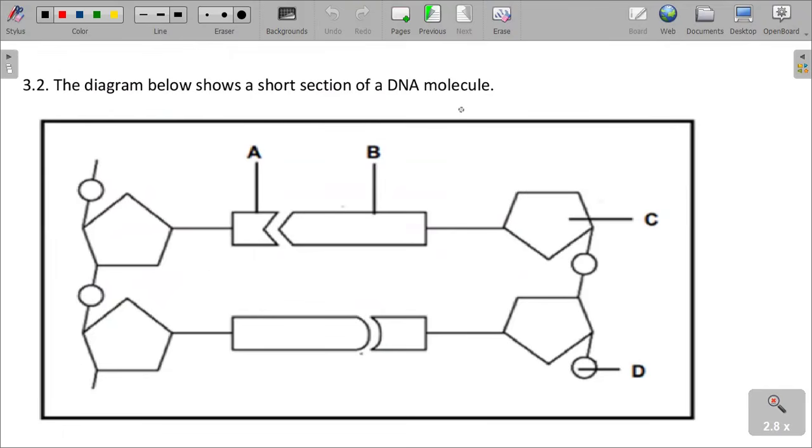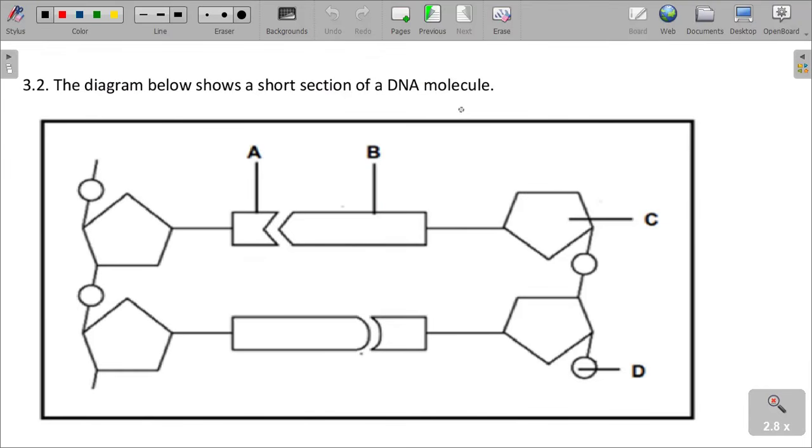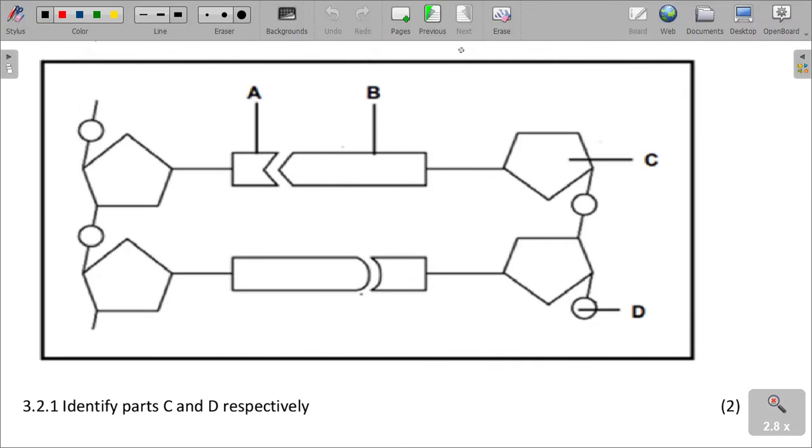And then 3.21, we are given the structure of a DNA molecule. This one also must come as a bonus. I always tell you, please don't miss unnecessary marks. You can't go to the exam not understanding DNA structure. Identify parts C and D respectively.